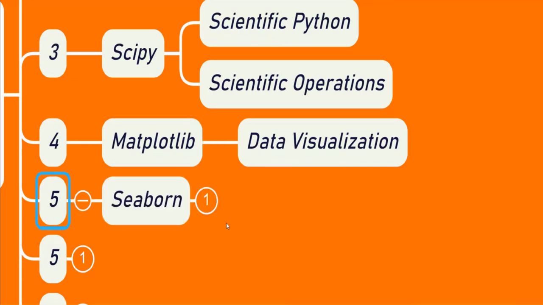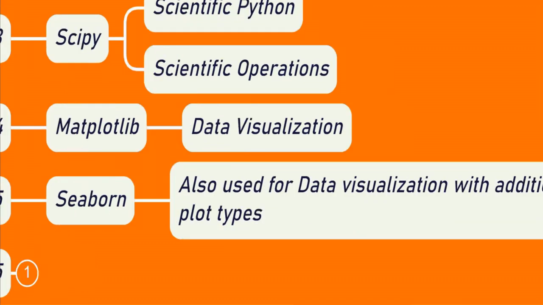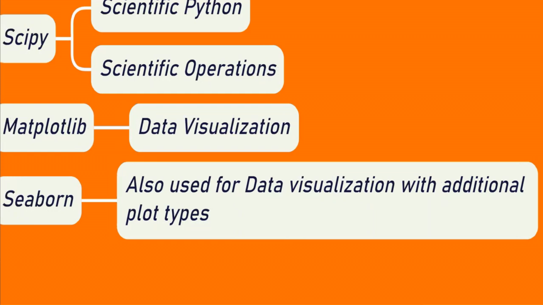Then we have Seaborn. Again, this is an advanced library built on Matplotlib. In Matplotlib, we can use some basic plotting charts. As a beginner level, first we will learn Matplotlib to know how to give the axis, which columns have to be taken, how we have to plot. Once we have understood data visualization, we will move on to the Seaborn library, where we can do even more advanced visualization.